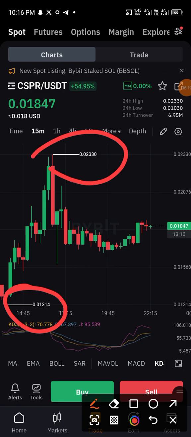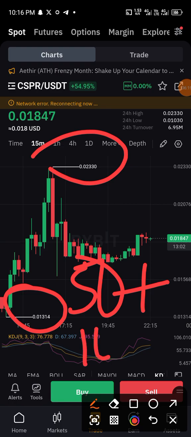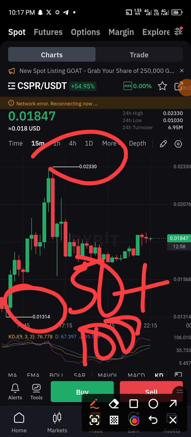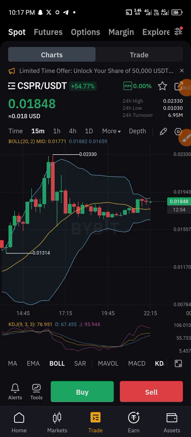That's double its price, which if you had traded this with 50, you will end up with 100 USD. You can see, each time it's down, it's taking a correction.